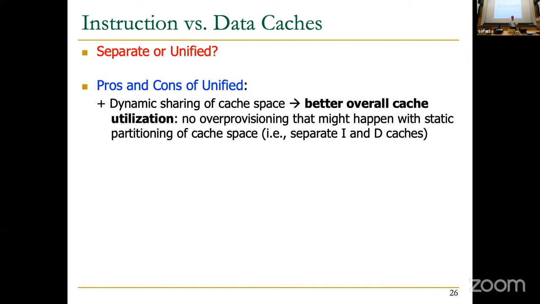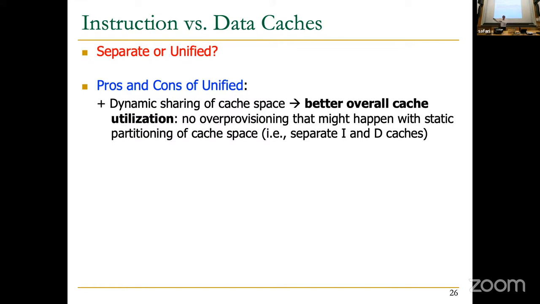Right? So we'll talk about that later on, actually. But if you partition the cache to have separate instruction and data, let's say you have 64 kilobyte instruction cache, 64 kilobyte data cache. If your instruction working set is only 1 kilobyte, you're wasting 63 kilobytes of the 64 kilobyte instruction cache.